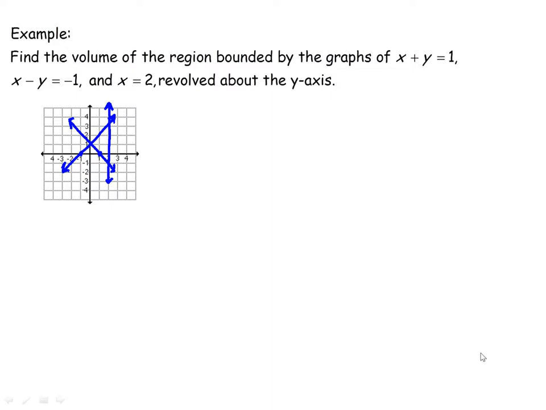In your brain, take this triangle and revolve it about the y-axis. Can you do that? I will try. It's going to make a cylinder. But what's going to happen inside that cylinder?